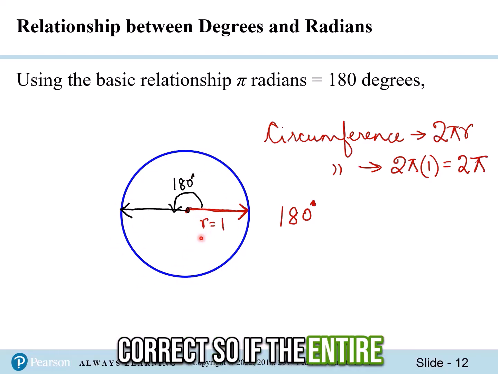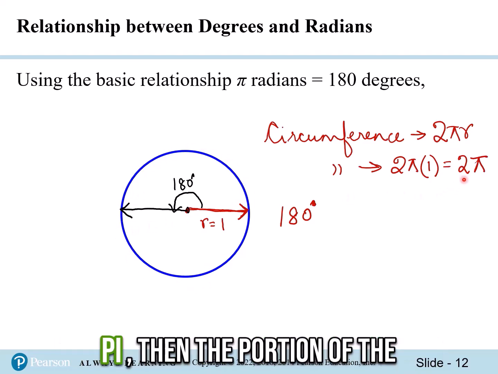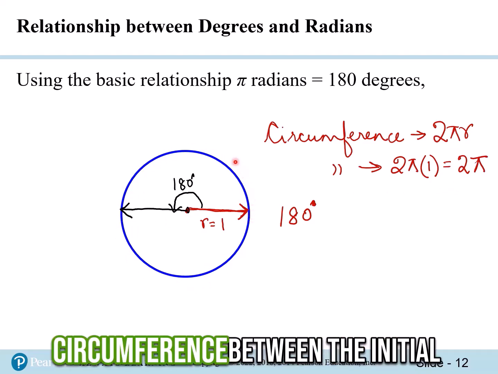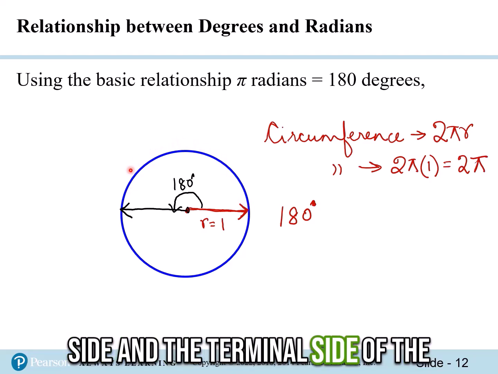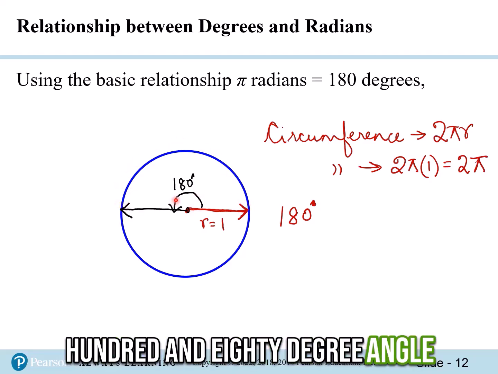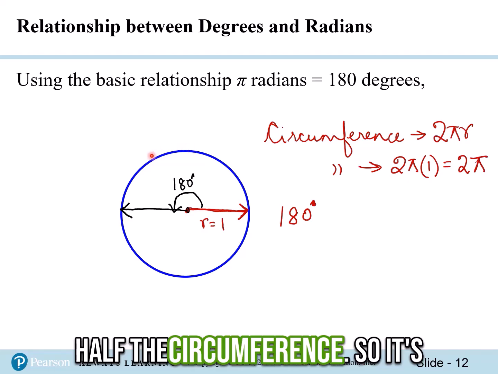So, if the entire circumference of the circle is 2 pi, then the portion of the circumference between the initial side and the terminal side of the 180-degree angle will be half of 2 pi, correct? It spans half the circumference.